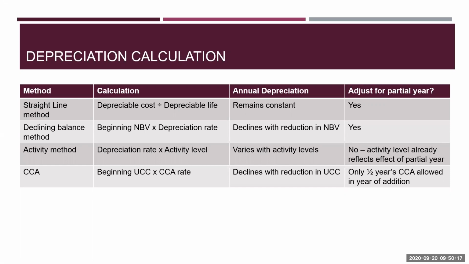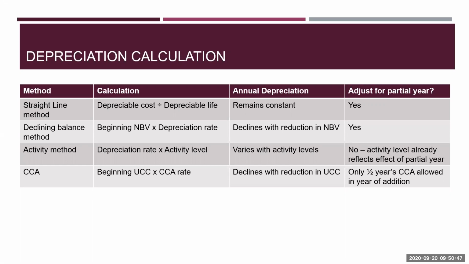Now, CCA does apply the half-year rule. Remember, with our earlier asset, we said our year was January to December, but our asset was purchased on March the 1st. The Canada Revenue Agency would say, you know what, that's too much information and I don't have time to account for all of that. Too complicated. I have got too many businesses, too many assets to account for. So the easiest thing I'm going to do is apply a half-year rule for everybody.